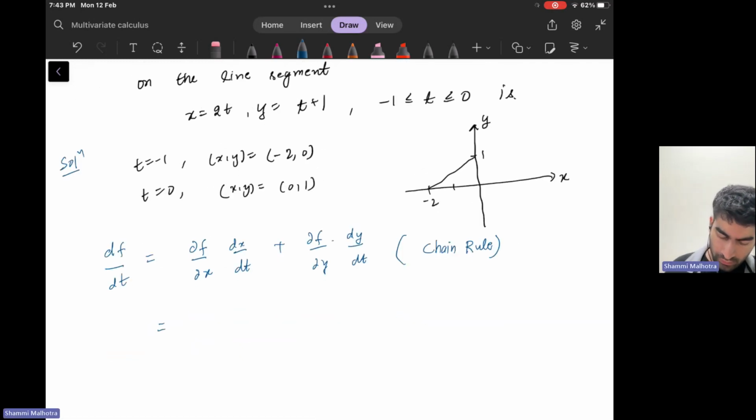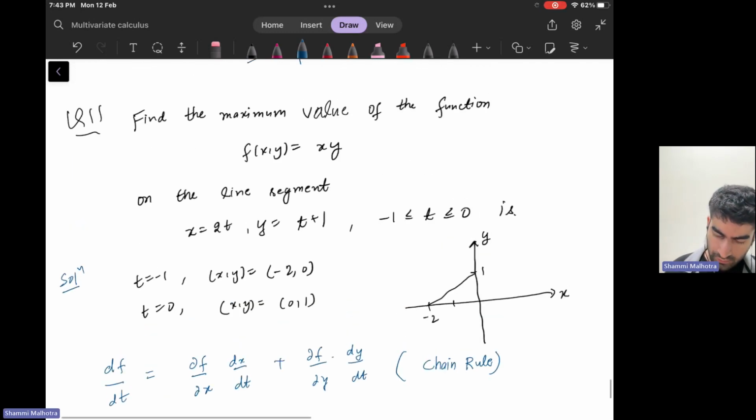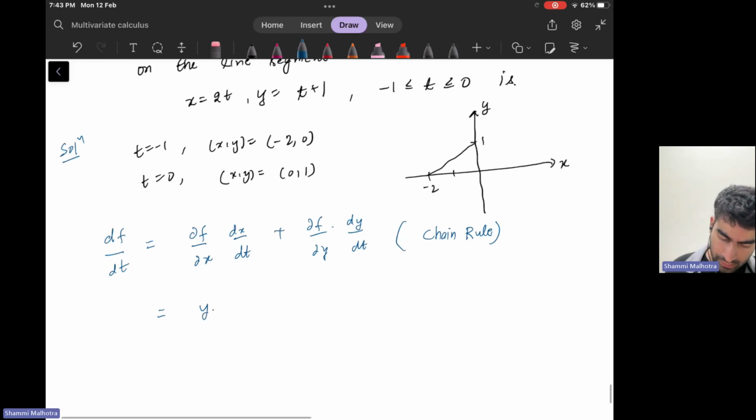When I put the values, my function is xy, so del f by del x would be y, dx by dt would be 2, del f by del y would be x, and dy by dt would be 1 only.